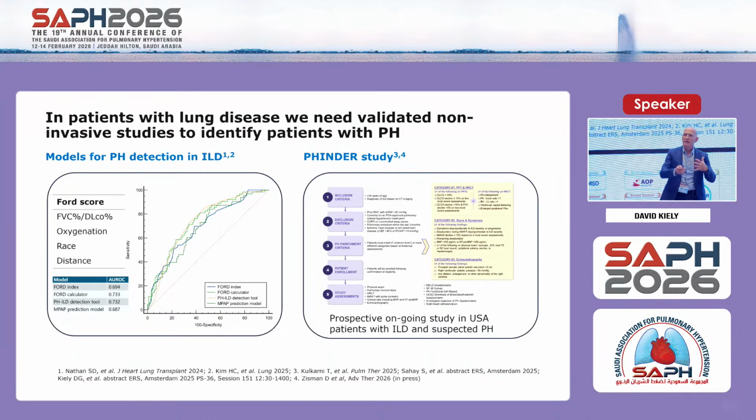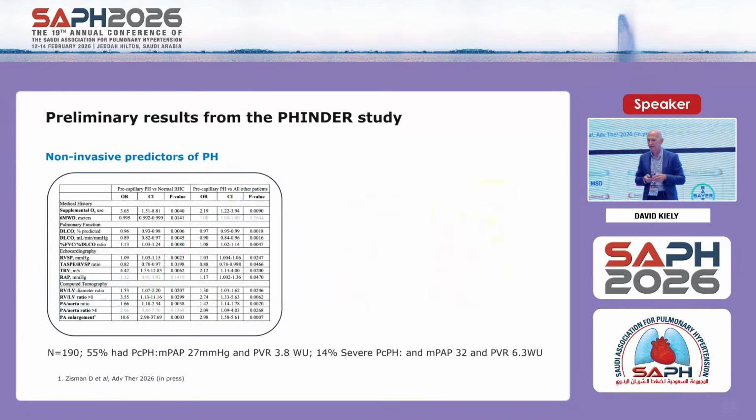And of course, we're very excited by the FINDER study. This is a prospective study ongoing in the United States of America, looking at a systematic approach to patients with interstitial lung disease and then confirming or refuting the diagnosis with cardiac catheterization. And what's very interesting to me is this is the preliminary results just recently published, and looking at potential non-invasive predictors of pulmonary hypertension.